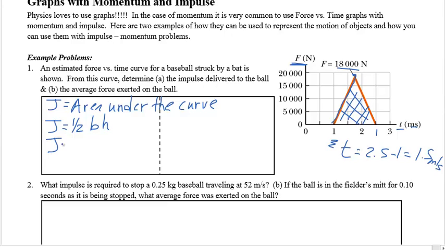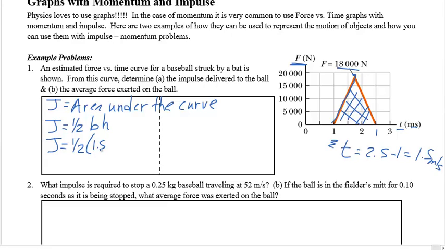So solving for that value, we have 1/2. Our base is 1.5 milliseconds. I'm just going to say they're seconds just so we don't have to convert it. If you do need to convert milliseconds to seconds, you just move the decimal over 3 to the left. But let's just say it's seconds to make it easy.